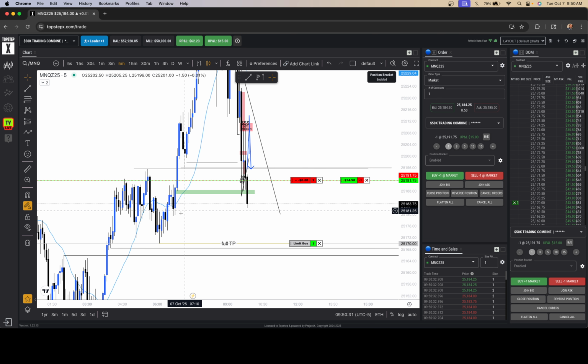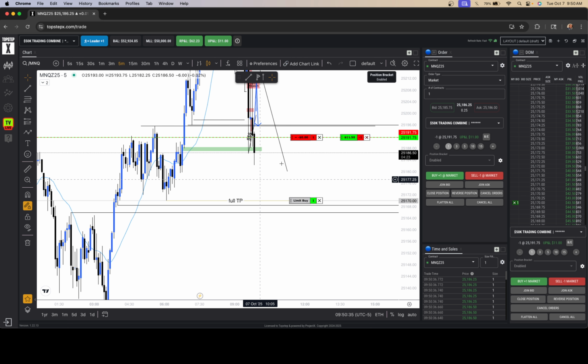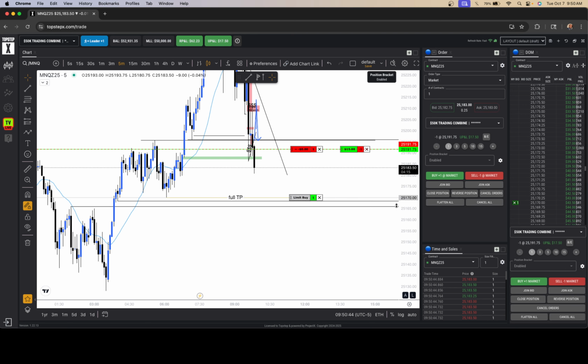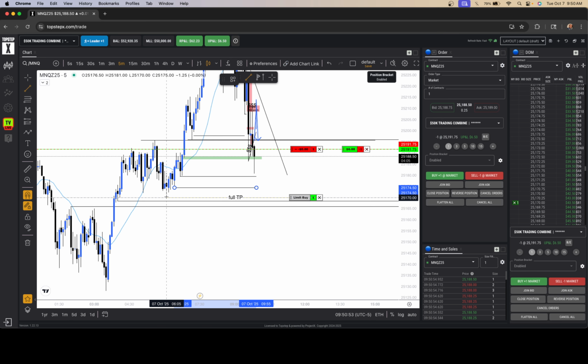But I feel like we should just now push through all of the lows down here. Of course, we don't have to, but that is the ultimate target for today. We have all of the lows stacked up down here. We're very close to this one, very close to this one, and of course the full TP.